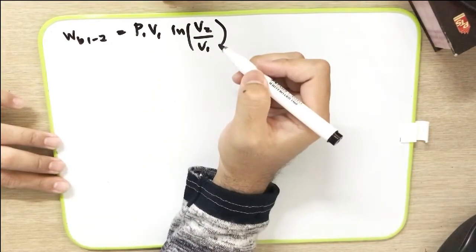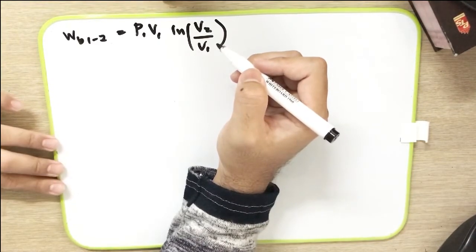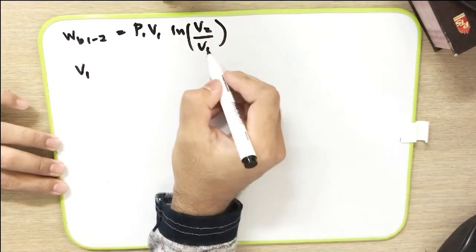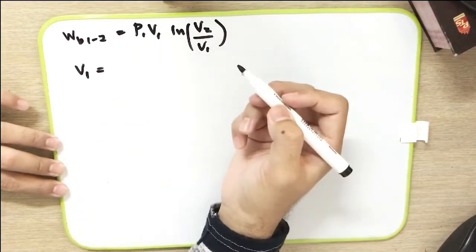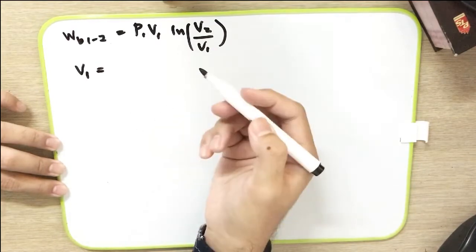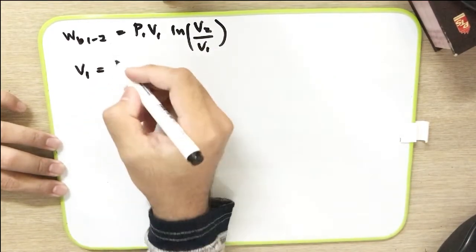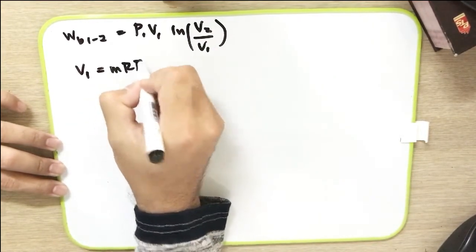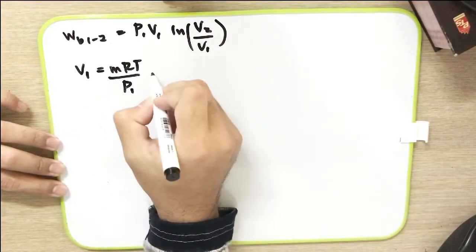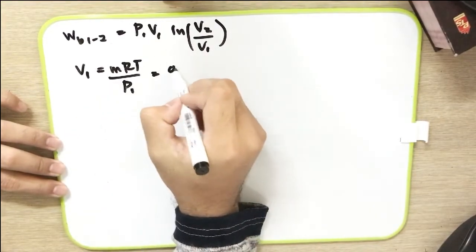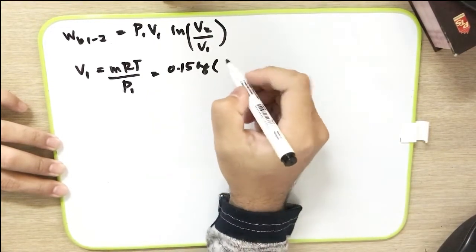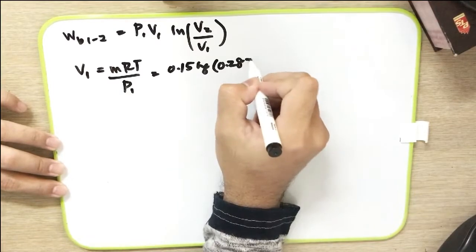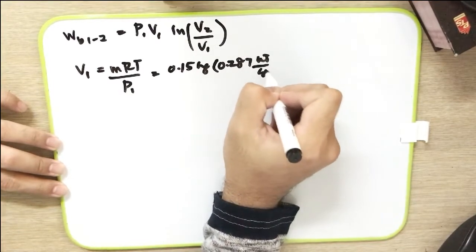Because from the question we are not given any volume, we need to find the volume first. We need to find the volume for state 1, so refer back to state 1 just now. We use all the info from state 1 to find V1. V1 equals mRT over P1, where m just now is 0.15 kg, and R is 0.287 kilojoule per kg Kelvin.